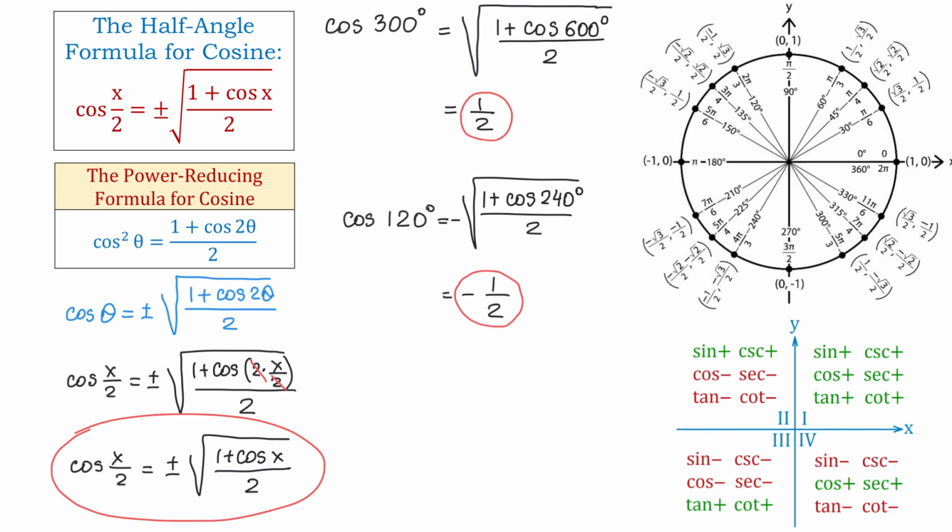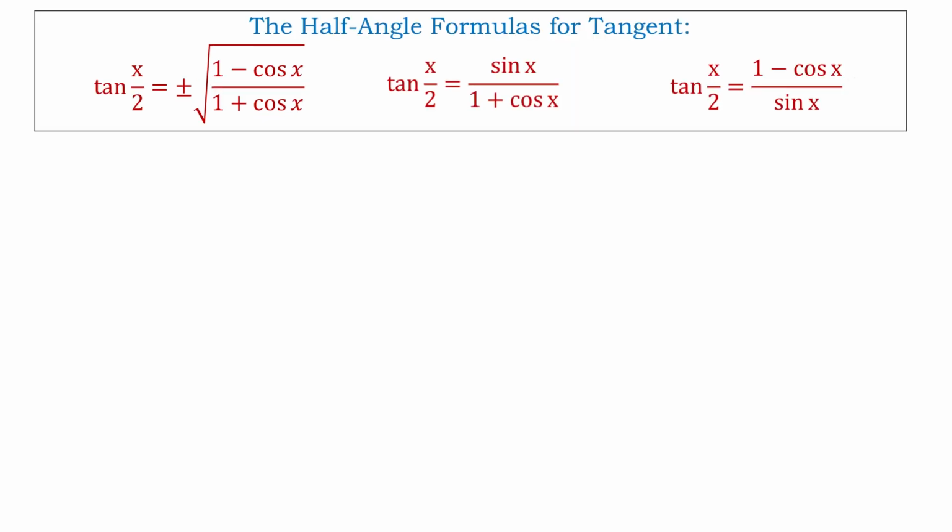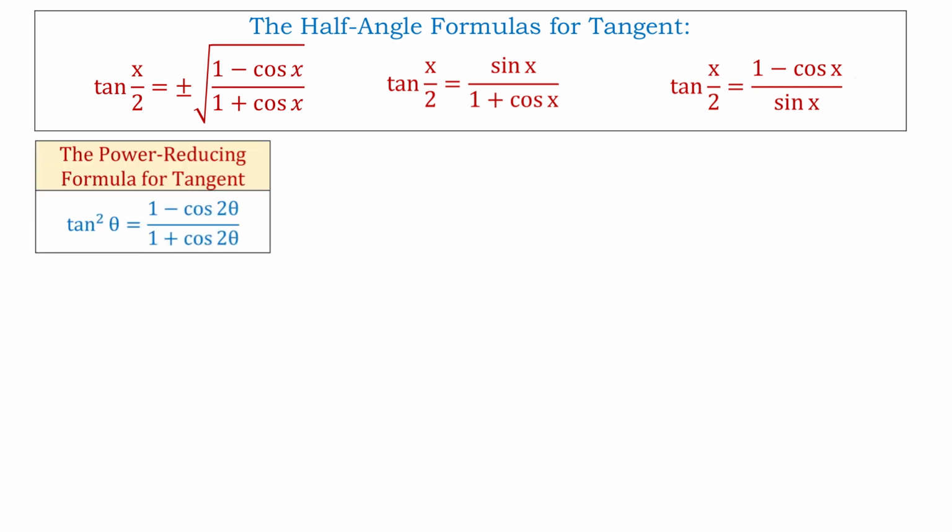And now let's talk about the half-angle formulas for tangent. Here we have 3 of them, and the first one is derived from the power-reducing formula for tangent. This formula is tangent squared of theta equals 1 minus cosine of 2 theta over 1 plus cosine of 2 theta.